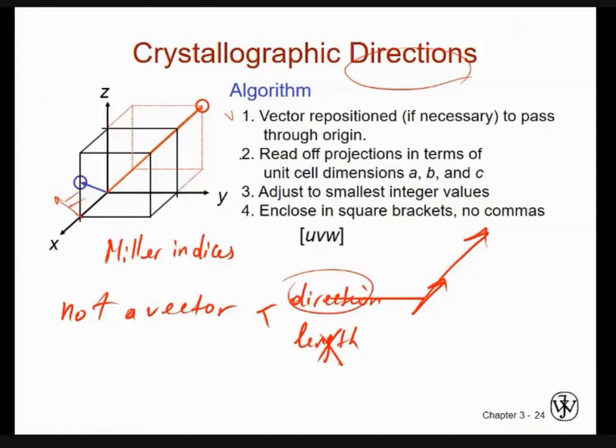The second part, read projections to the x, y, and z axes. So I do it in this way. I am at the origin. How can I go from this origin to this point? Again, this is 0, this is 1, this is 0, it is 1, 0, 1. So full length is 1.